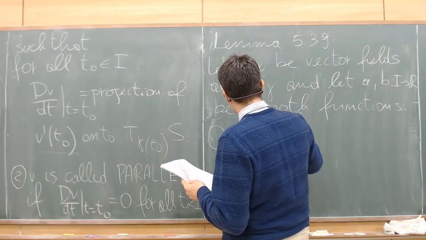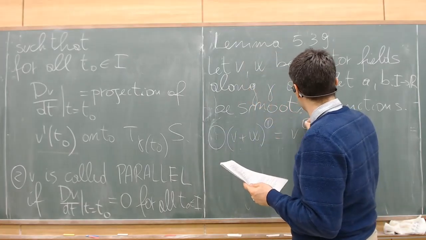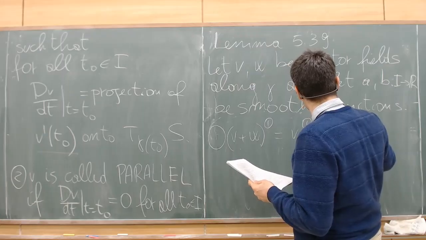(V plus W)O prime is V O prime plus W O prime.